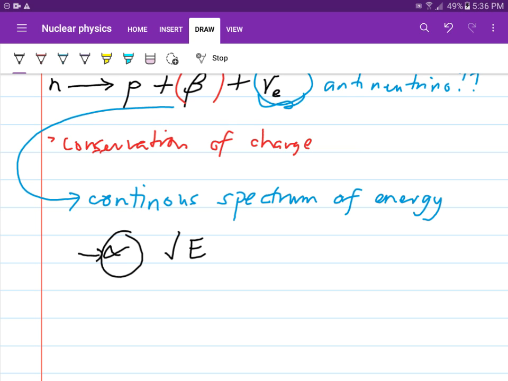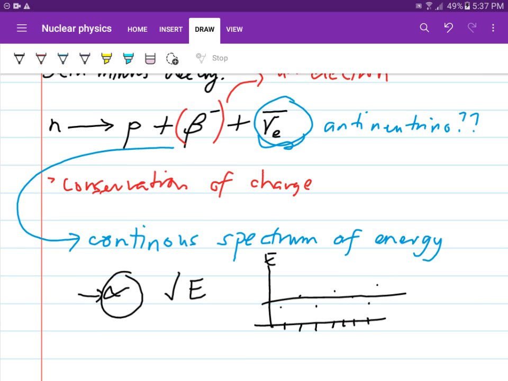But this beta particle occurred in continuous spectrum of energy. Meaning, you have different measurements of energy. So for example, these are different numbers of experiment, and it measured energy here, here, here, here. It doesn't give a definite value of energy as it leaves the nucleus.